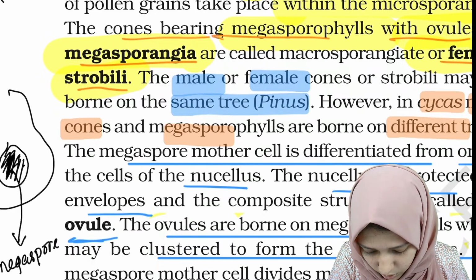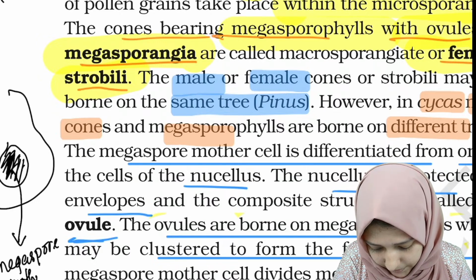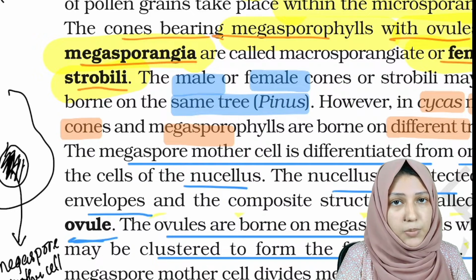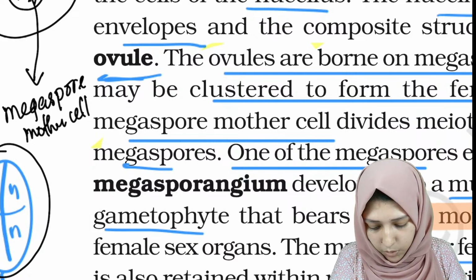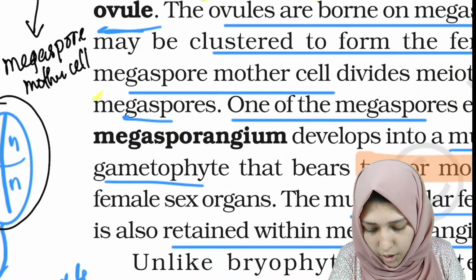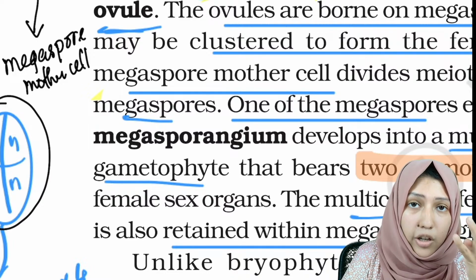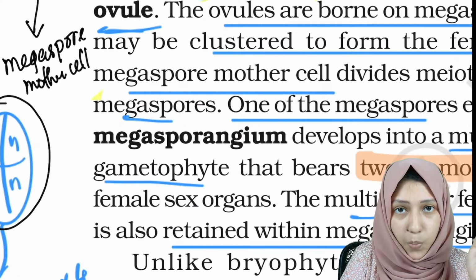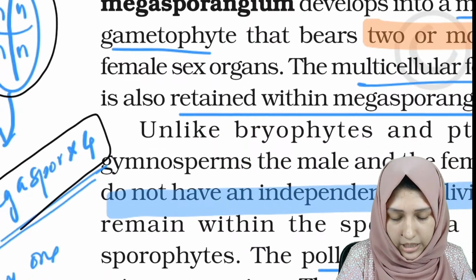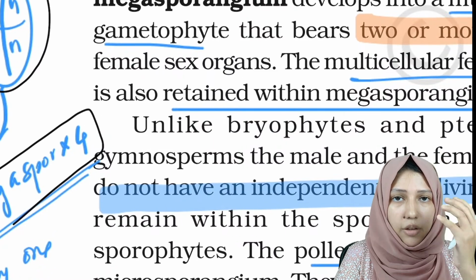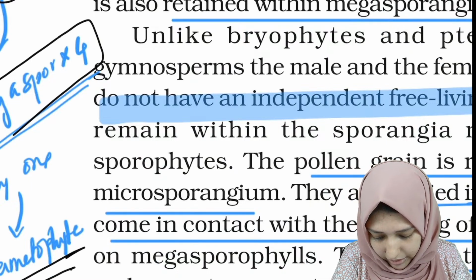This megaspore mother cell will divide into 4 haploid megaspores, and one among the 4 megaspores will form the female gametophyte or egg.